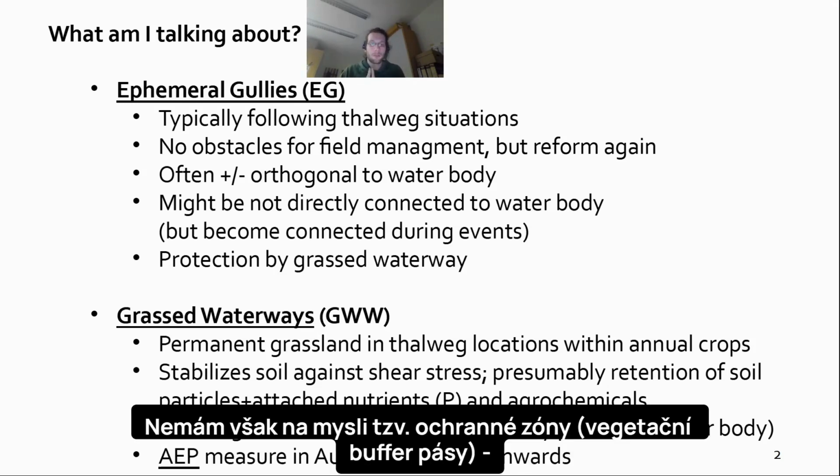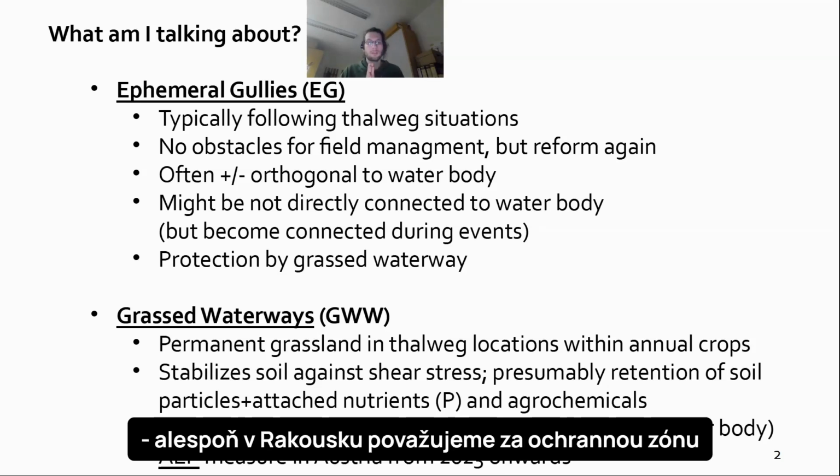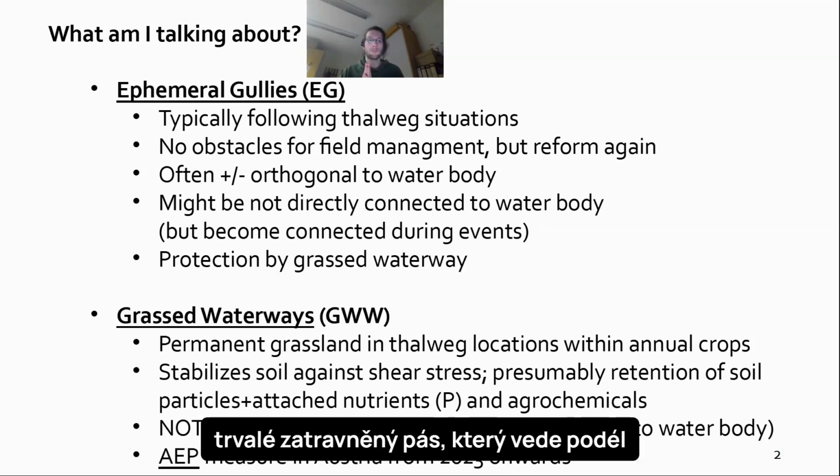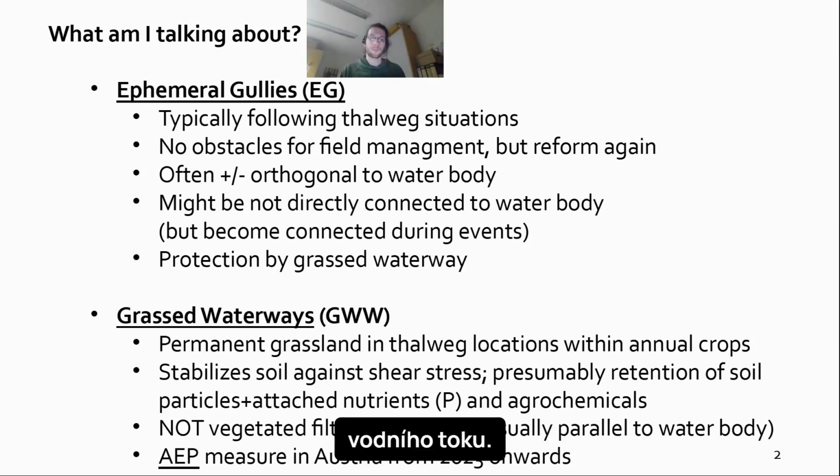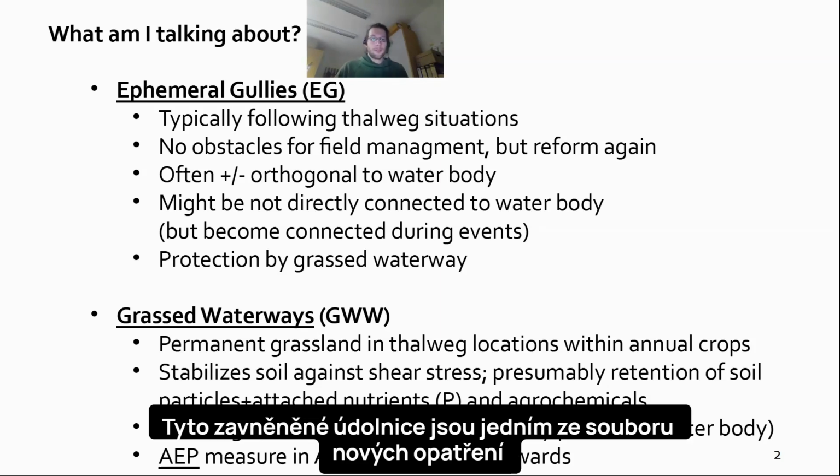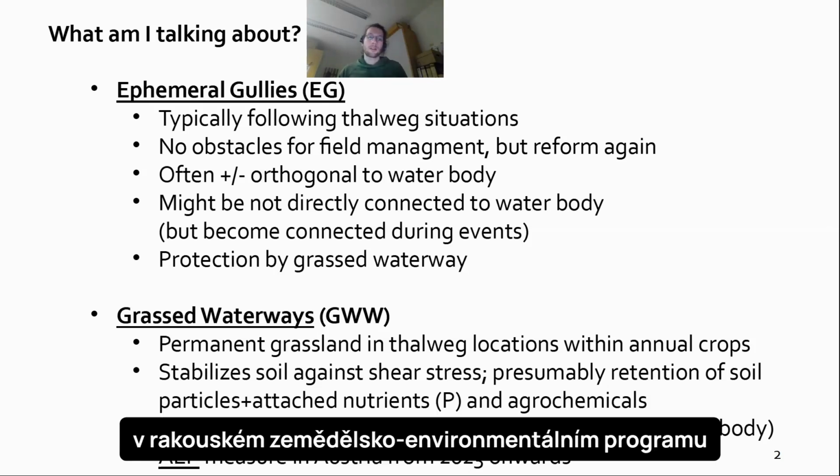I am not talking about vegetated filter strips. At least in Austria, we consider as a vegetated filter strip permanent grassland that is oriented parallel to a water body. And this measure of grassed waterways is one measure in the agri-environmental program in Austria since last year.